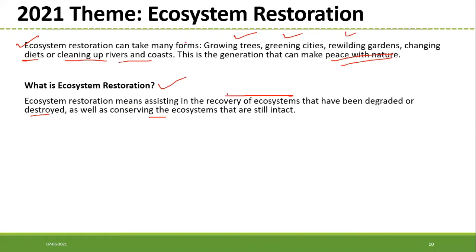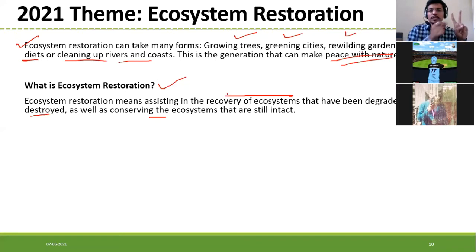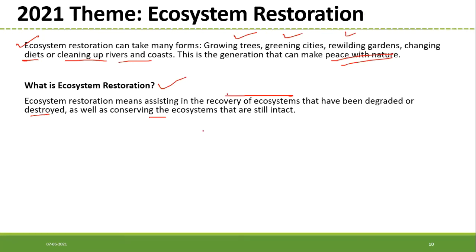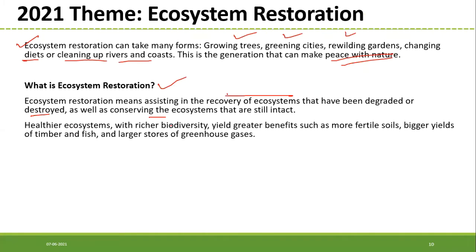So we have 2 points here. First, whatever has been degraded and destroyed, we have to recover that, correct? Second, whatever is intact, we have to conserve as it is. We have to conserve the integrity of the ecosystem. And how to do that, right? This is a very wide field.